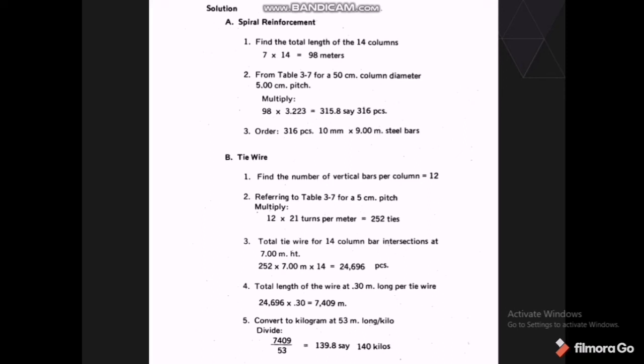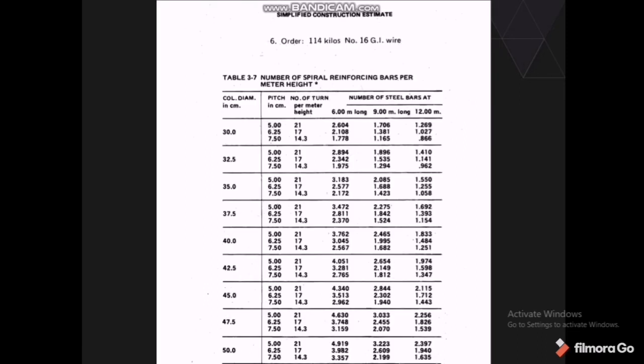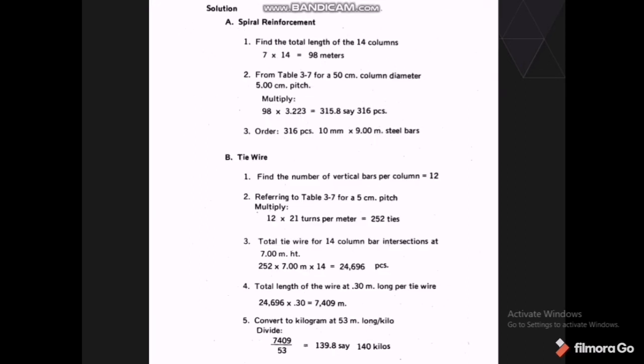For letter B, the tie wires, find the number of vertical bars per column by referring to Table 3.7. For a 5 centimeter pitch, multiply 12 times 21 turns per meter, that is 252 ties total. For 14 columns at 7 meter height, that is 252 times 7 times 14, which is 24,696 pieces.